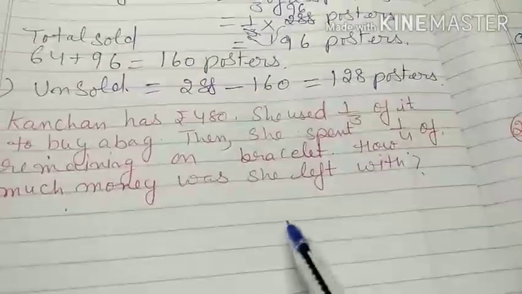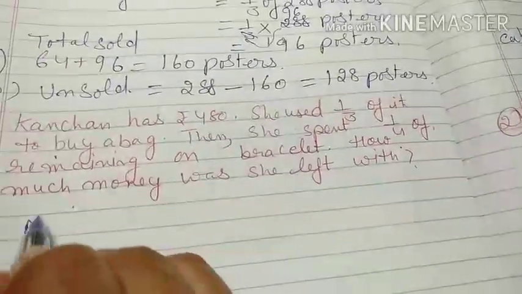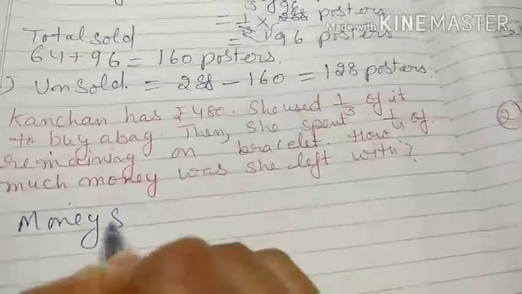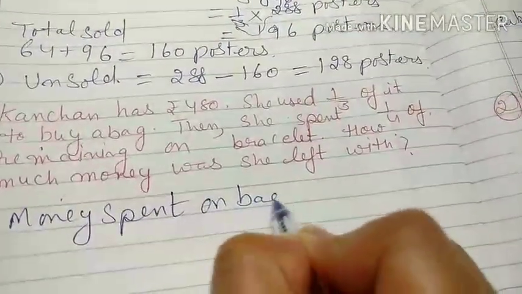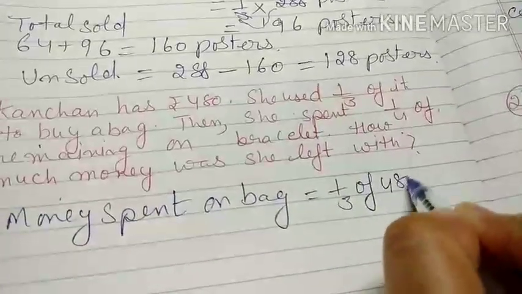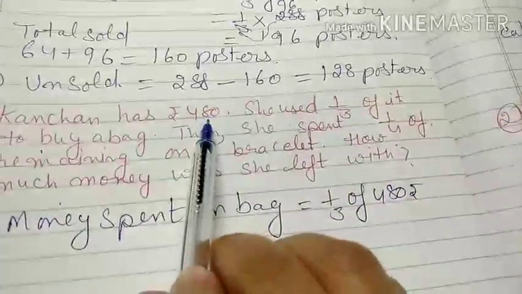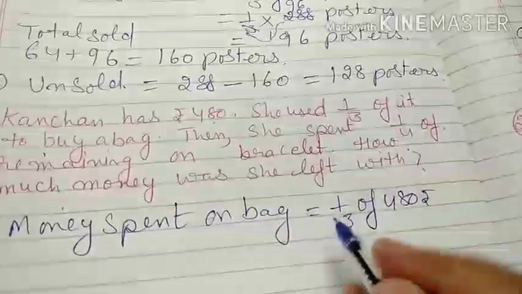So first you have to find how much money was spent on the bag. So here, money spent on bag is equal to 1/3 of 480 rupees. Whatever total money was there, a 1/3 part of 480 rupees was spent.